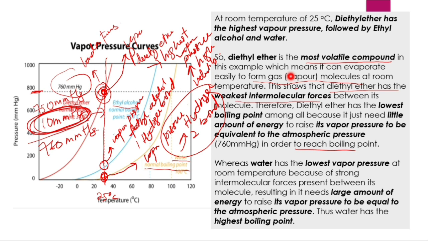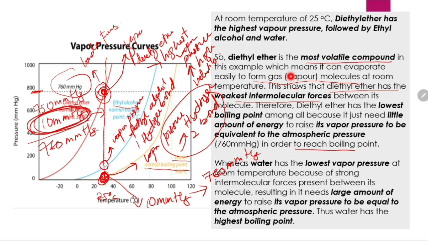Okay. In comparison with the water molecule, its vapor pressure at room temperature, I think, is just about 10 millimeter mercury. So for it to reach its boiling point, you need to raise its vapor pressure from 10 to 760 millimeter mercury.